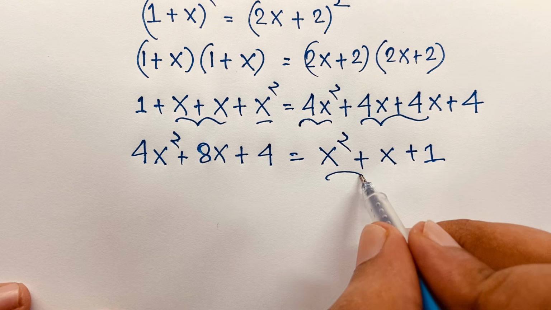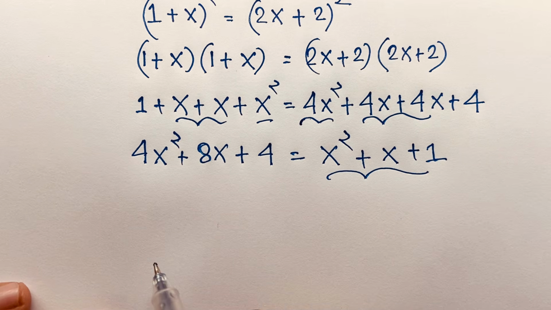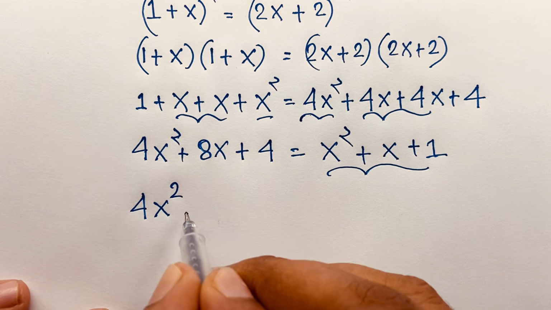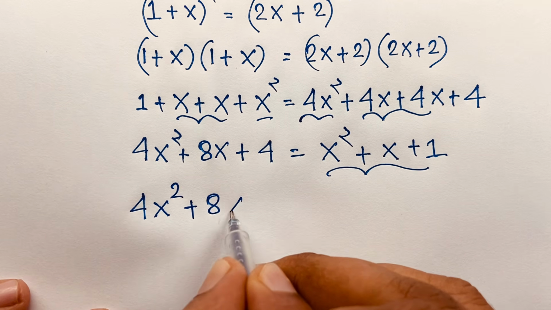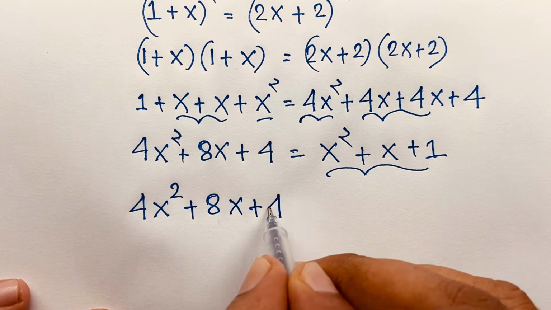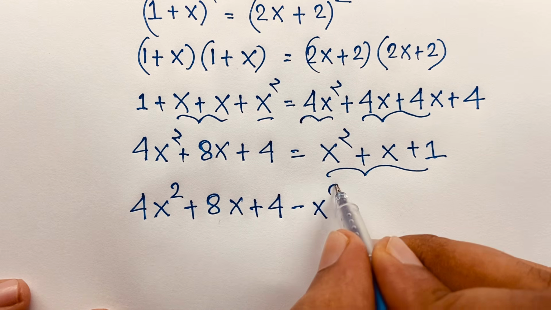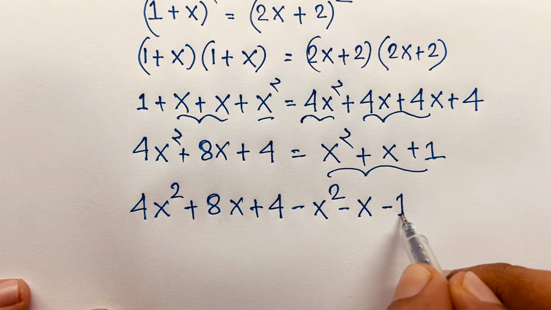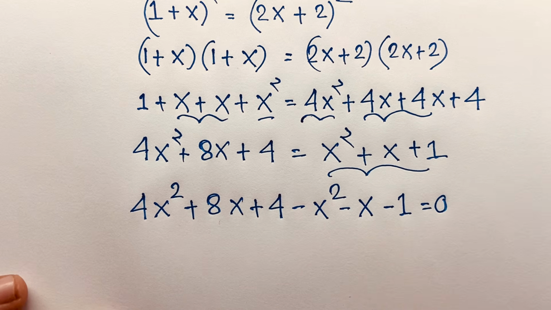Now if I move this value to this side, it will be negative, so this expression will be 4x to the power 2 plus 8x plus 4 minus x to the power 2, move this value to this side, negative 2x minus 1 is equal to 0.